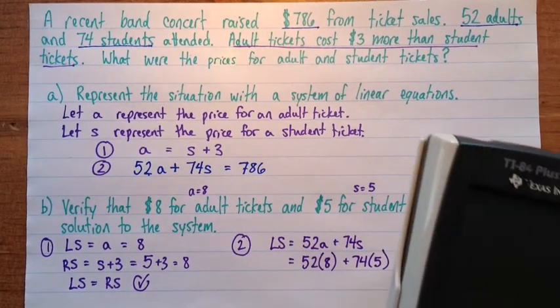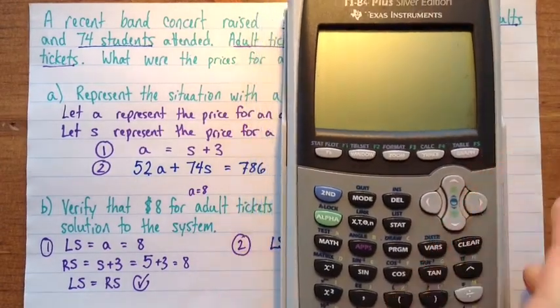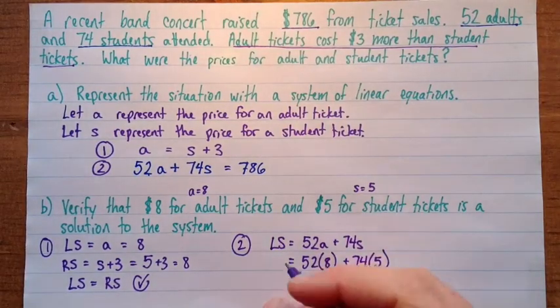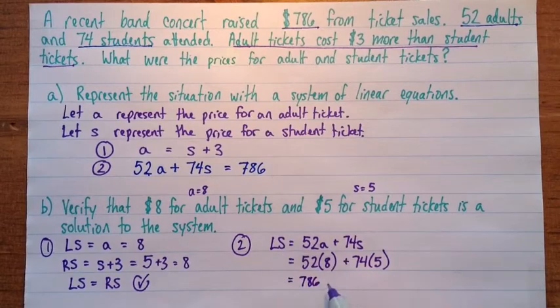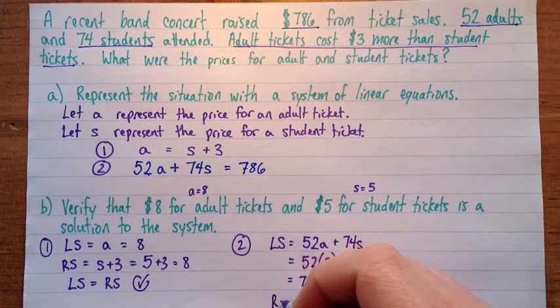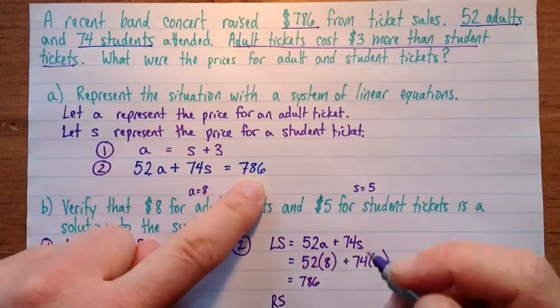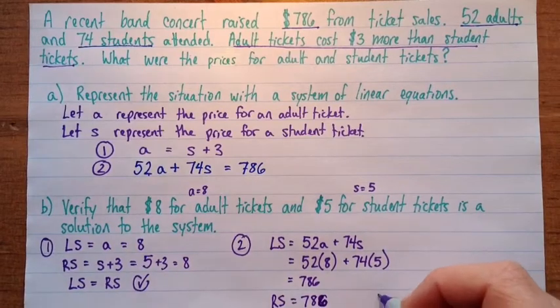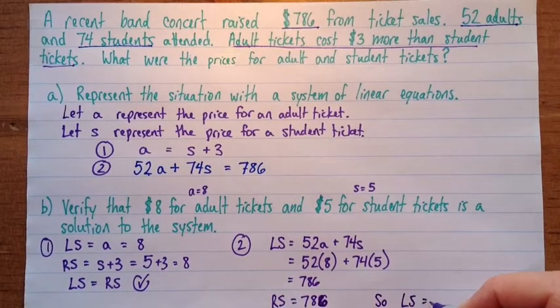I'll pull over my calculator here. 52 times 8 plus 74 times 5 is equal to 786. So my left side is equal to 786. And the right side of my equation, which is everything right of the equal sign, is also equal to 786. So the left side is equal to the right side.